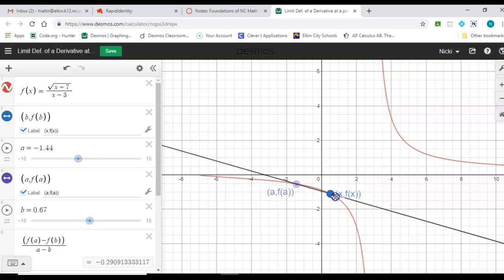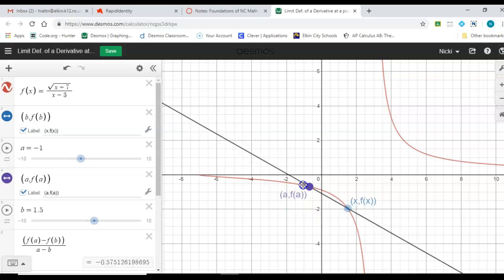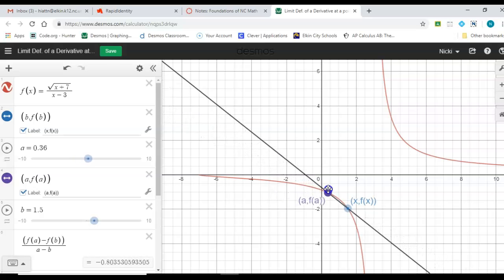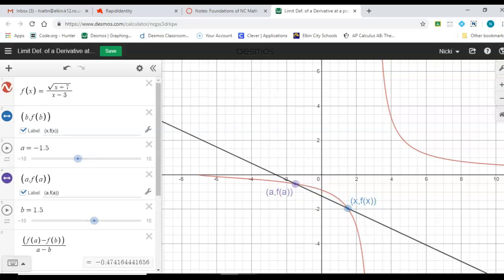I could just pick a point on the graph and do average rate of change. But if I can make that rate of change get closer and closer and closer to that point of tangency where it's just a line there, then that is going to give me the slope of the line at that point.